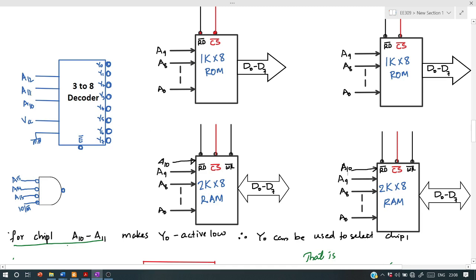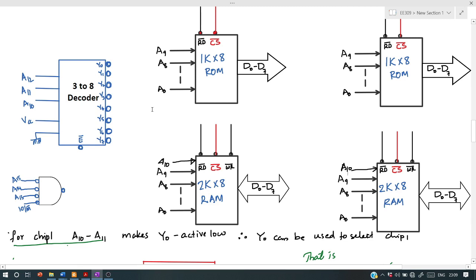Similarly, when the corresponding signal is 0, 0, 1, correspondingly Y1 will be active low, and all other pins become active high. Whenever the CS bar signal of any one of these chips is connected to Y1, that memory chip will be selected. In that manner, this 3 to 8 decoder IC selects a particular chip.